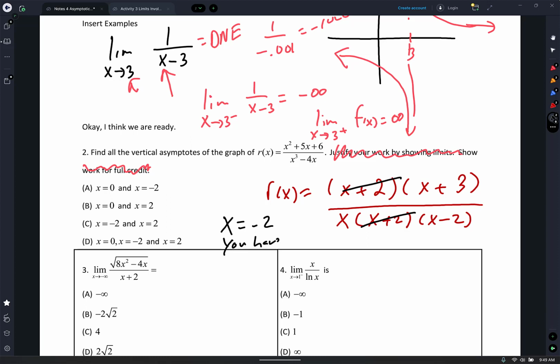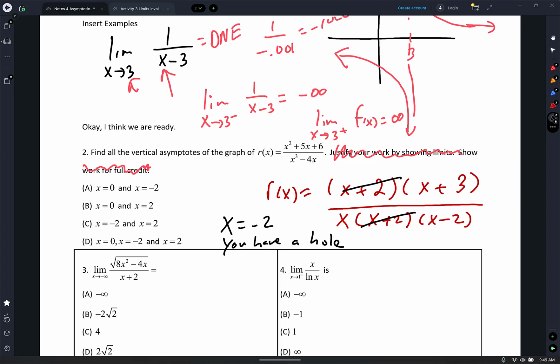you have a hole. If you have a hole, you have a limit. The hole, the ones where you cancel it, that's where my hole's at. So when it zeroes out, -2 plus 2 is 0, right?